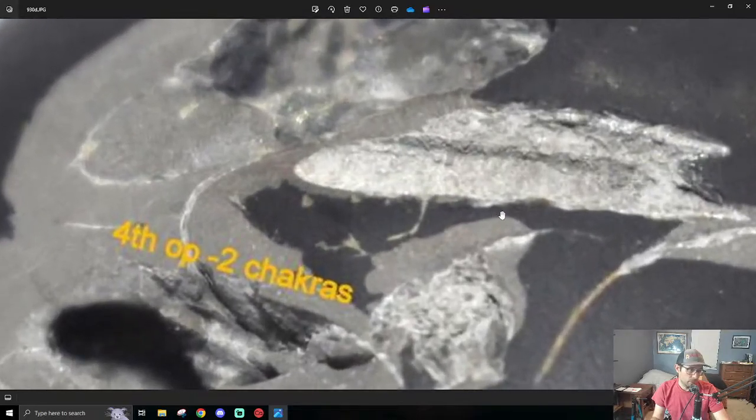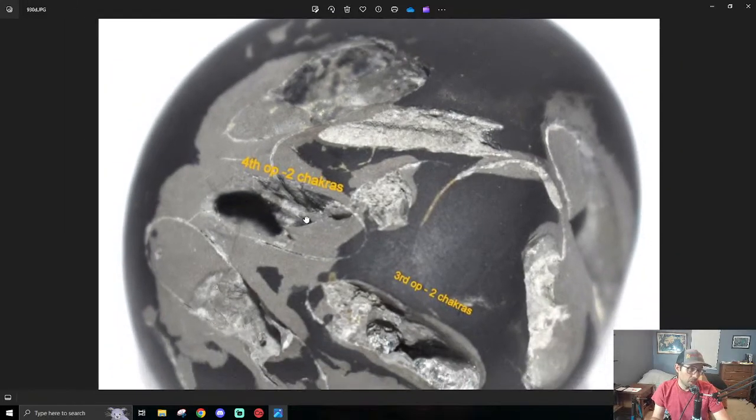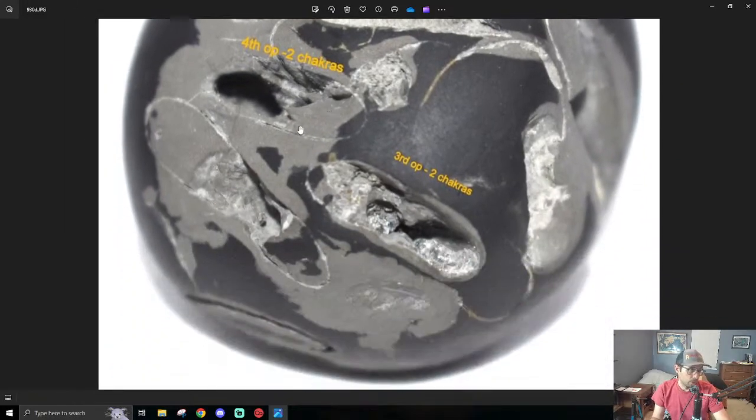Also, I noticed this right here, down over this segment, even though it's eroded up here, kind of looks like a lobe, generally, like one of these. I don't know, just an observation.